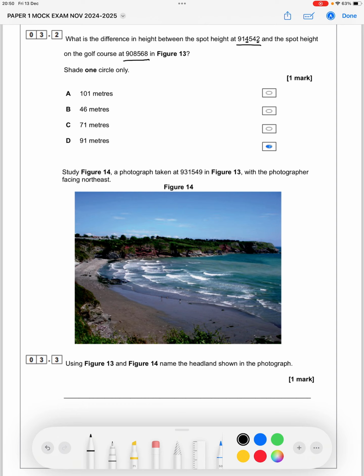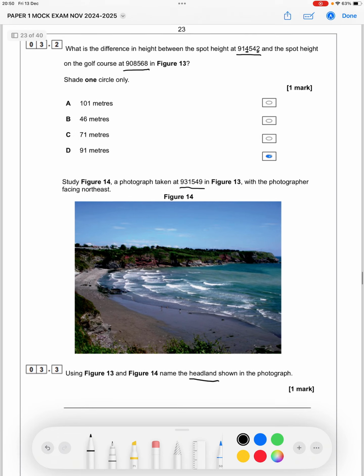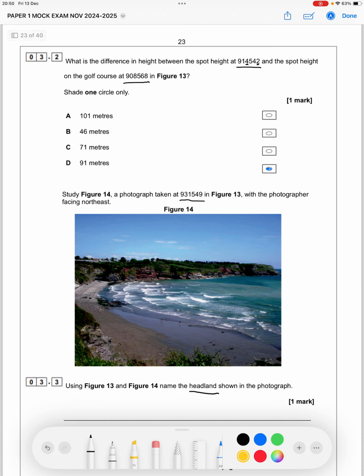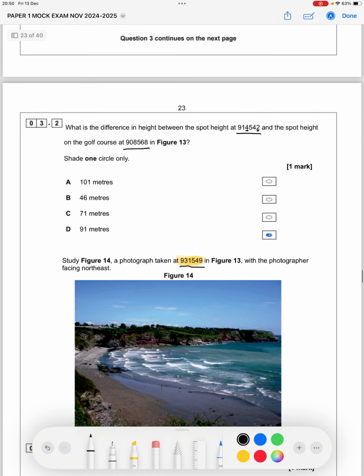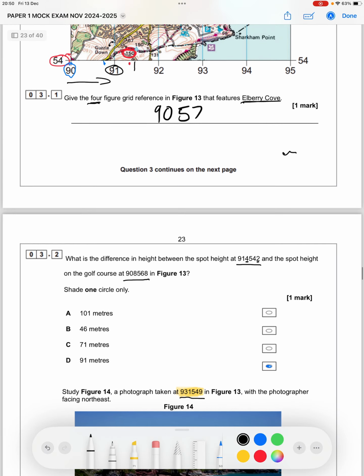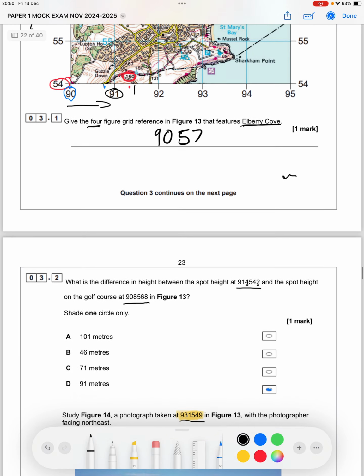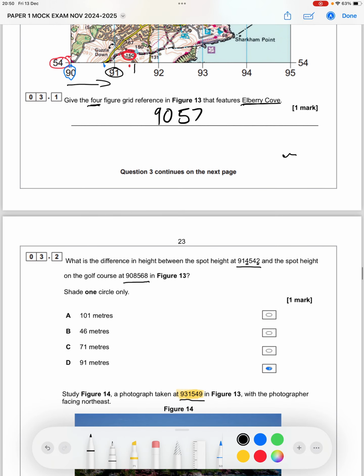Right, they do like these kind of questions. Study figure 14, a photograph taken at 93.154.9 with the photographer facing northeast. What is the name of the headland shown in the photograph? So, what we need to do is find that. Okay, so we're going to go up. It's 93.1, 54.9. So 93.1 is about there.